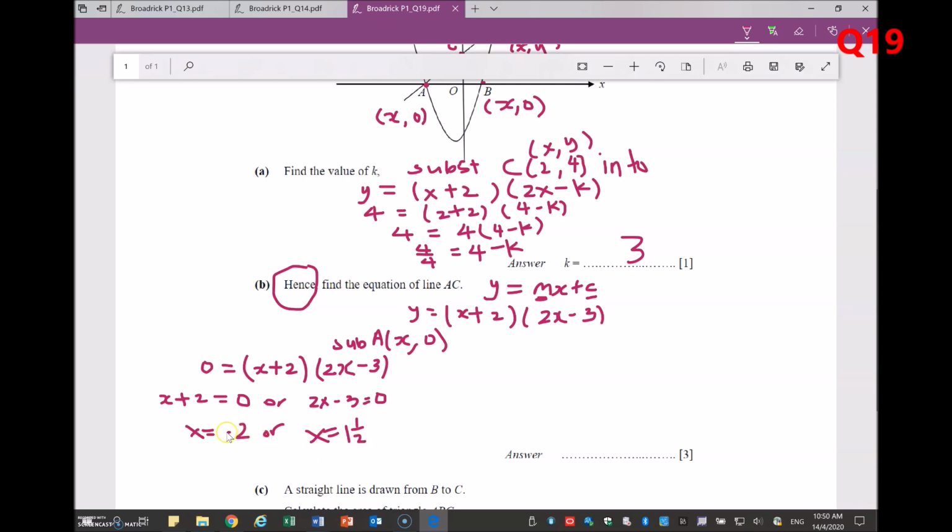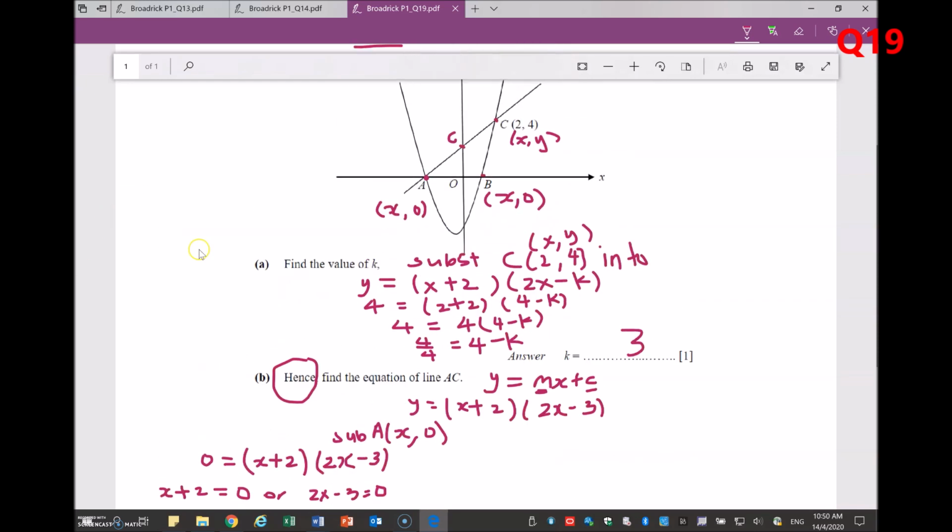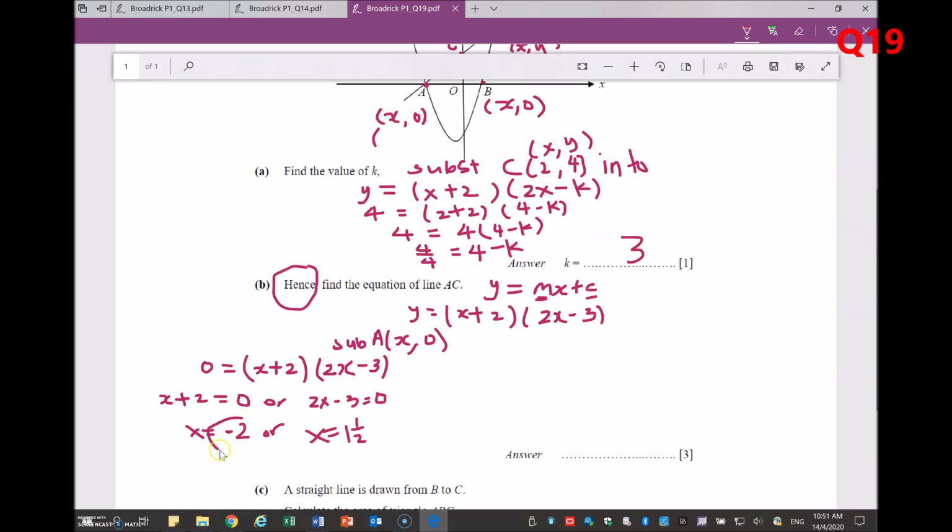So what do these two values tell me? It tells me that the coordinates of A is minus 2, 0. And the coordinates of B is the second value of x.